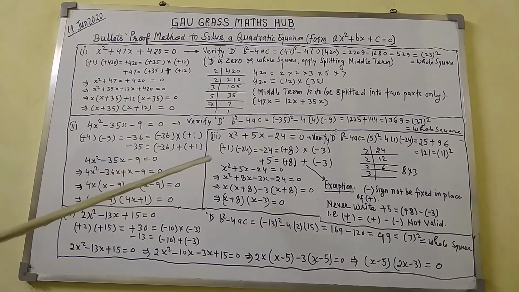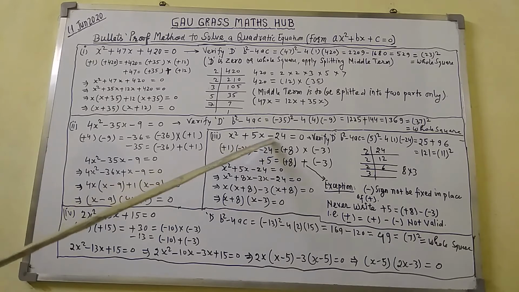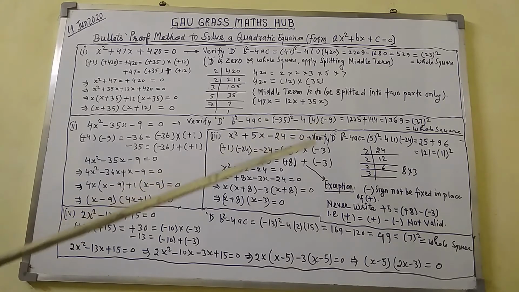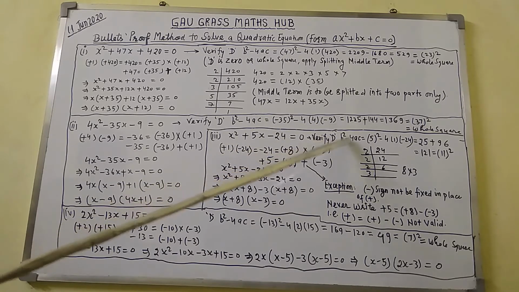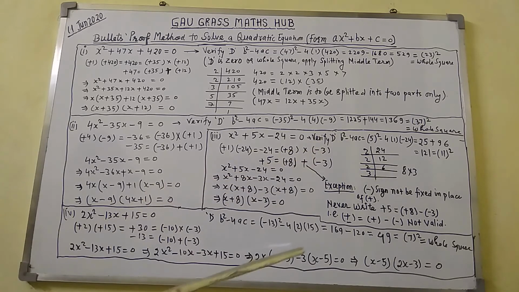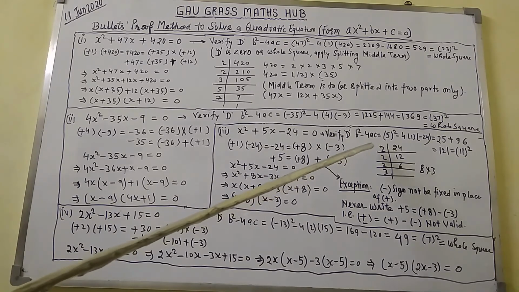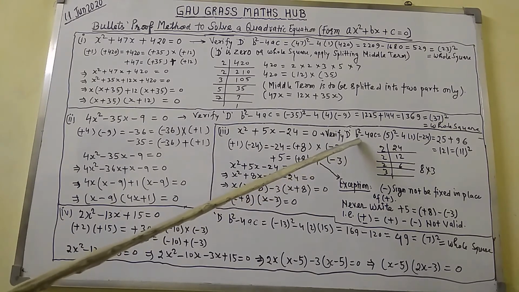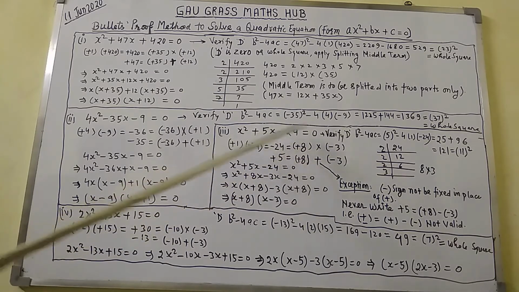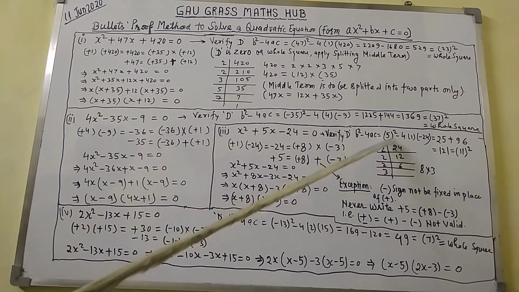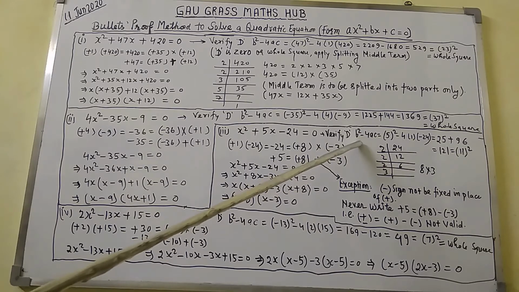Now I shall come to question number 3. Question number 3 is also a quadratic equation in the form of ax square plus bx plus c equal to 0. That question is x square plus 5x minus 24 equal to 0. In this case also verify the determinant, b square minus 4ac. The value of b is plus 5, so put plus 5 whole square, since b square is here.